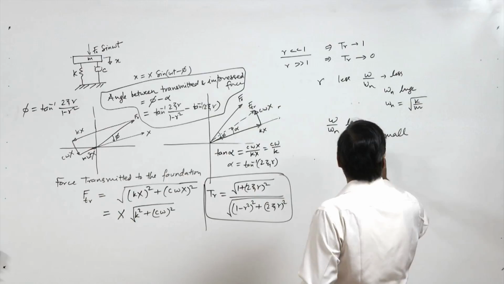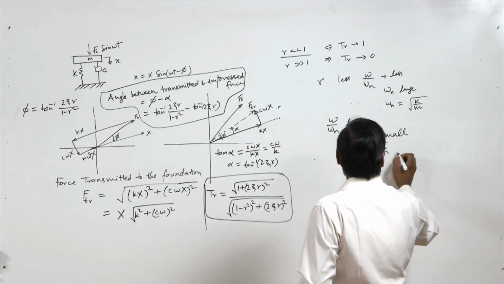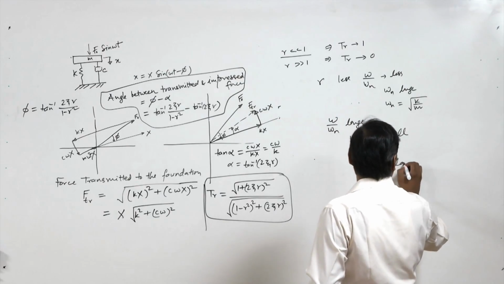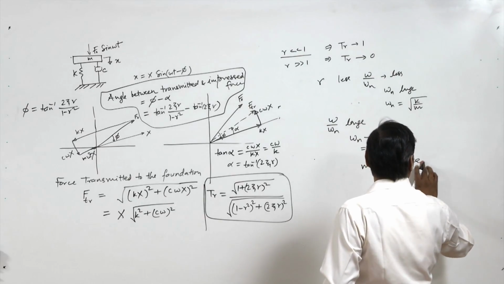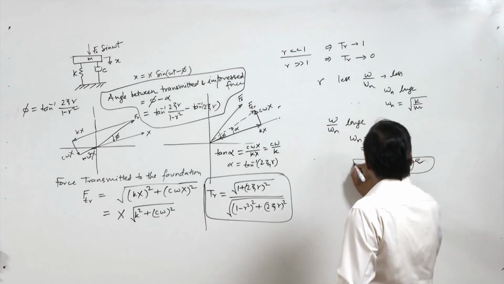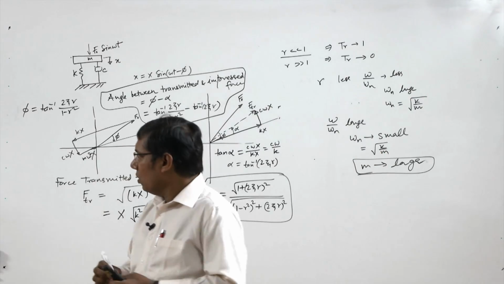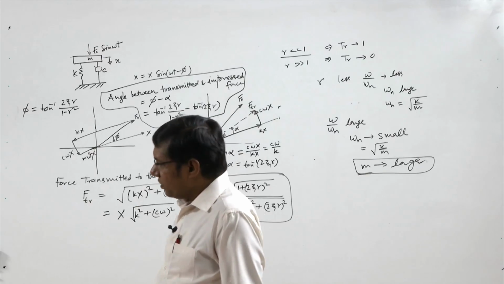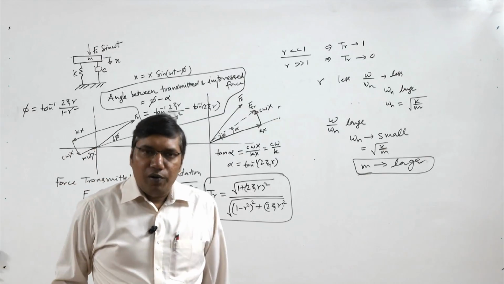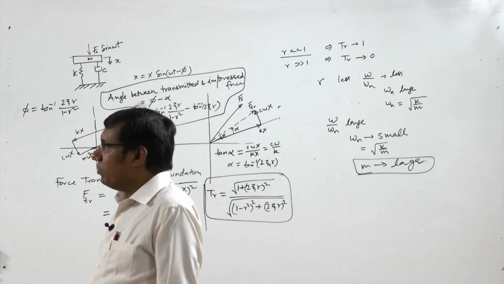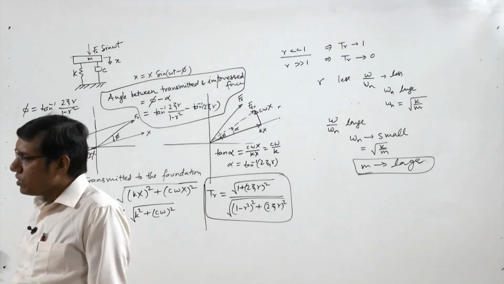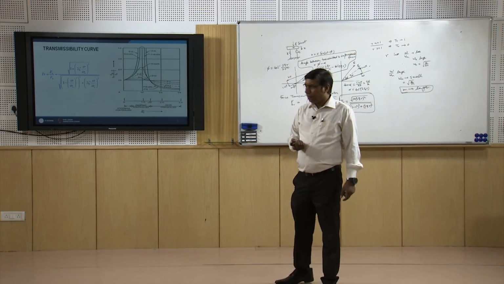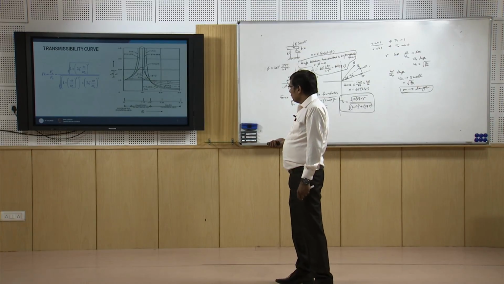Since omega n is root k by m, to have a small omega n we must have m large. So we see that in the mass controlled region, for a lower value of damping we have better performance, meaning the transmissibility is less for the lower value of damping.